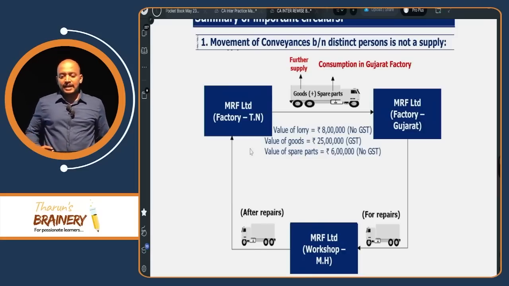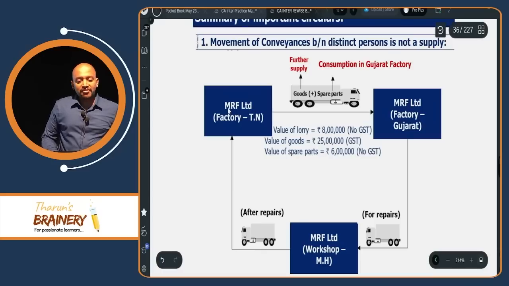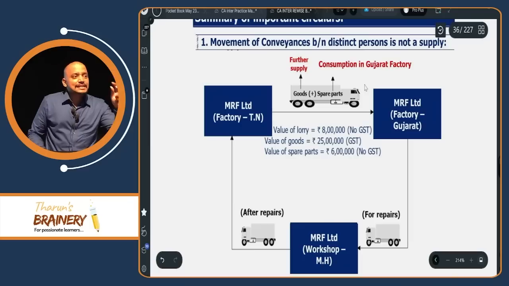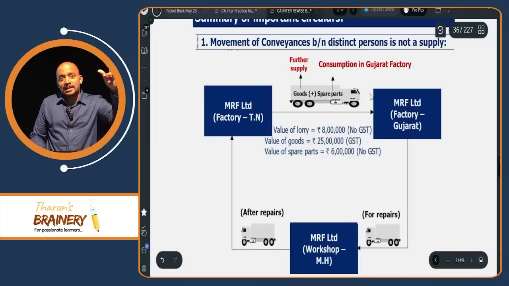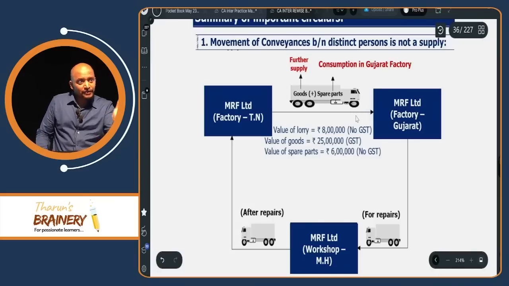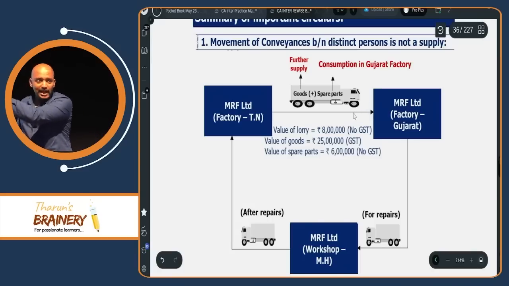Here what happened? MRF Limited, from their factory in Tamil Nadu to their factory in Gujarat, is taking some goods and spare parts in a lorry. Now, is GST payable on the lorry or not? GST is not payable on the lorry, because that lorry will go, unload the goods and return.